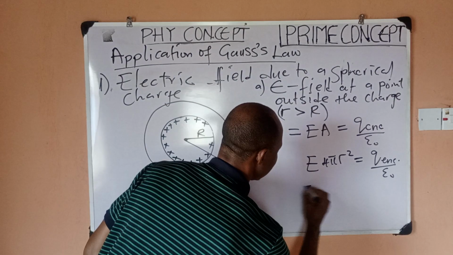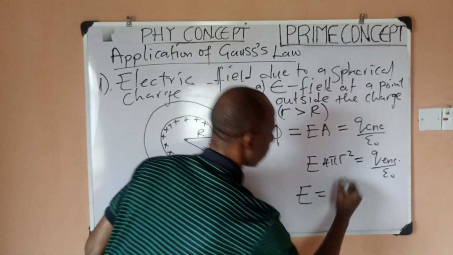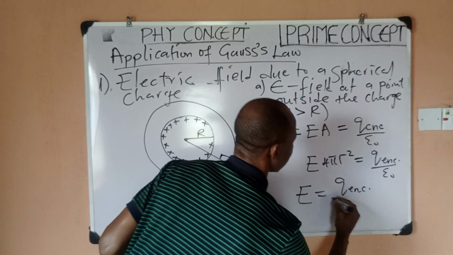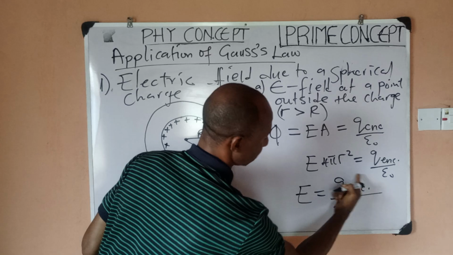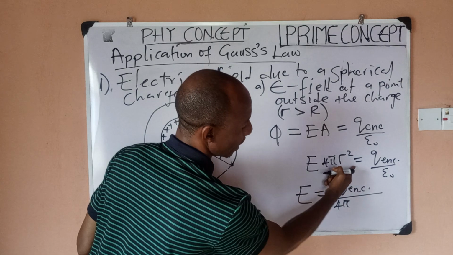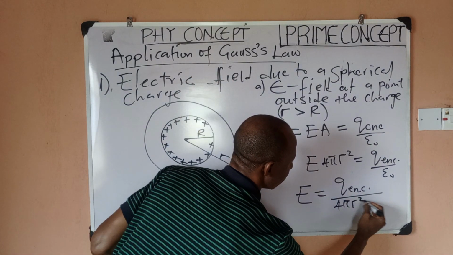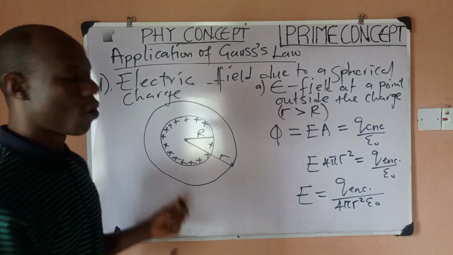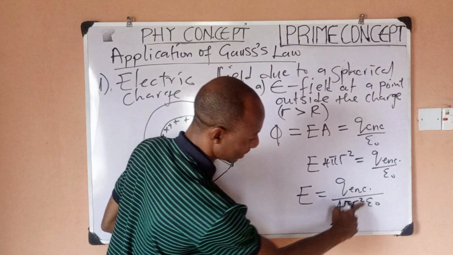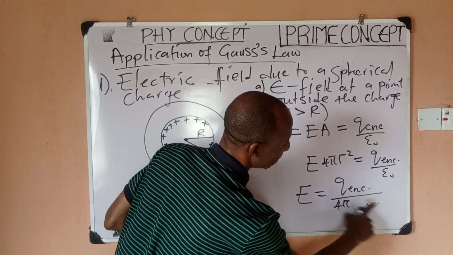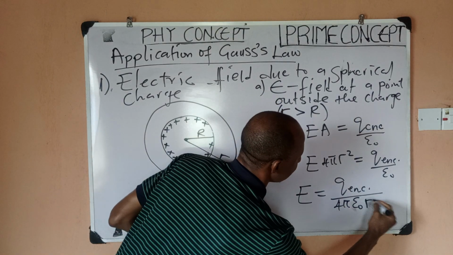So E becomes charge enclosed divided by 4 pi r squared epsilon naught. Or better still, the way we know, I'll put epsilon naught first. So I can simply write this as 4 pi epsilon naught r squared.